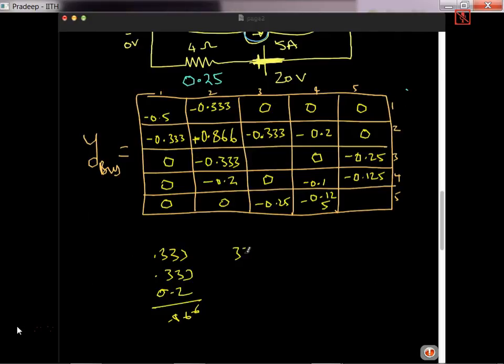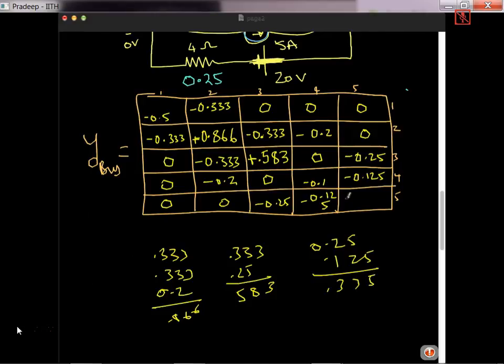So 0.333 and 0.25. If I add that, so plus 0.583. And look at the last one. So 0.25 and 0.125. If I add this, I'll get 0.375.